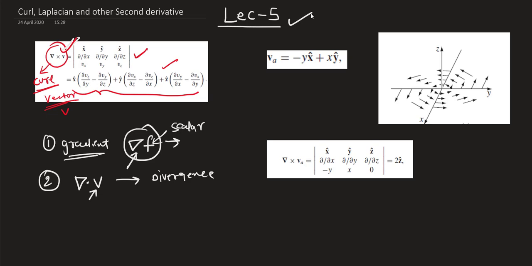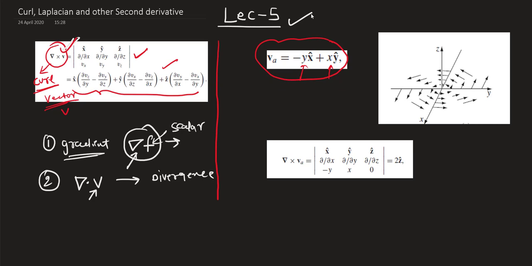Okay, that is fine. Now let's look at geometrical intuition as we have discussed in the case of gradient and the divergence. Let's look at the geometrical interpretation of the curl. So let's say this is our vector field, this is our vector which is in terms of y and x.